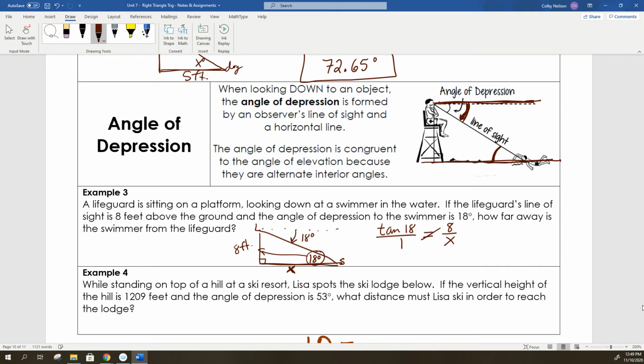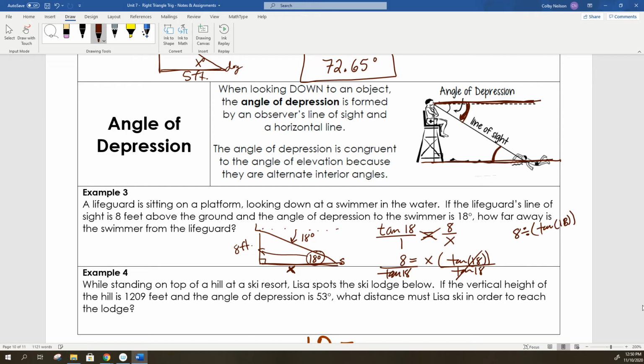So 8 times 1 is 8 equals tangent of 18 times x. And we divide by the tangent of 18. So it's 8 divided by the tangent of 18. 8 divided by, parenthesis, tangent 18, close the 18, close the tangent of 18.